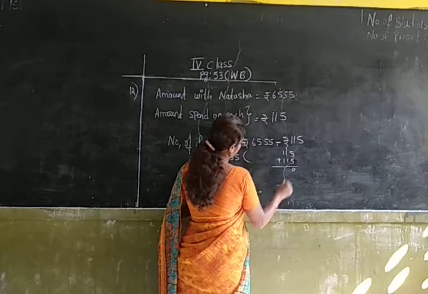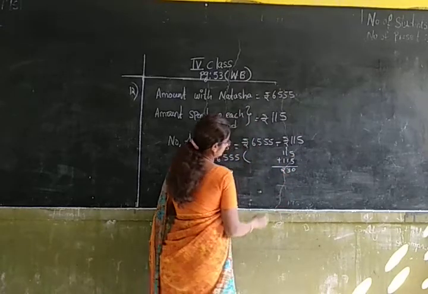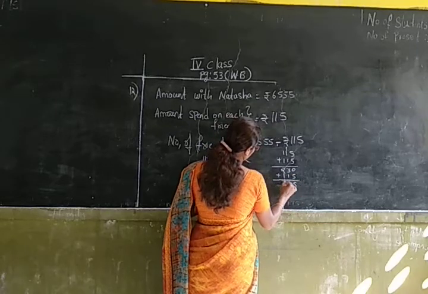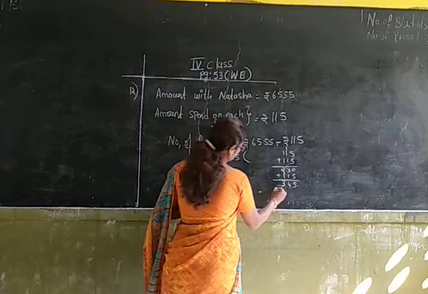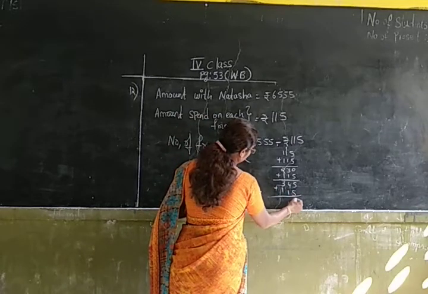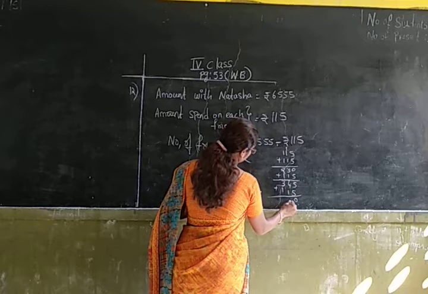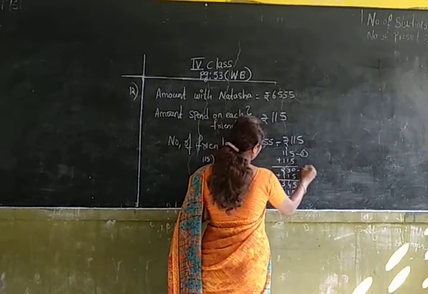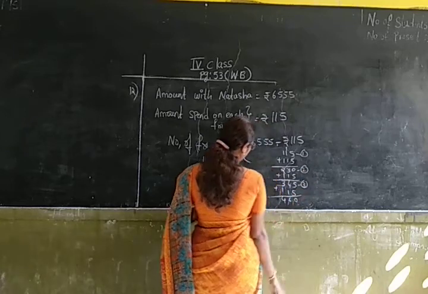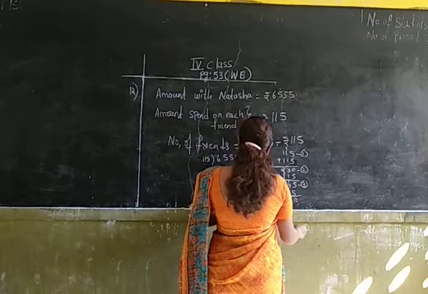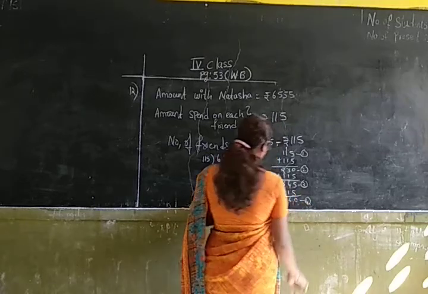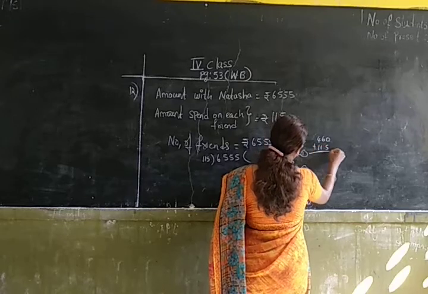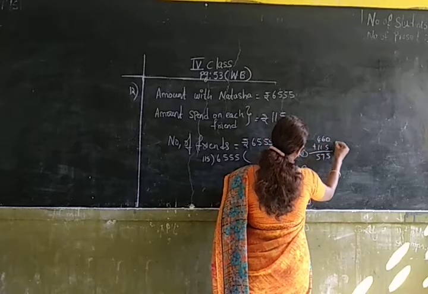115 plus 115, 230 plus 115, 345 plus 115, 460. This is 1 time, this is 2 times, this is 3 times, this is 4 times. 460 plus 115, 575.